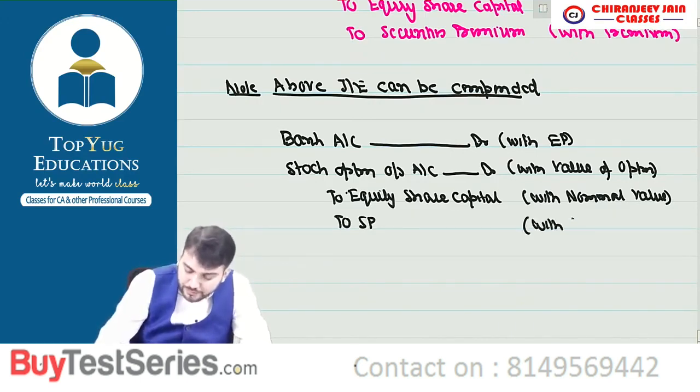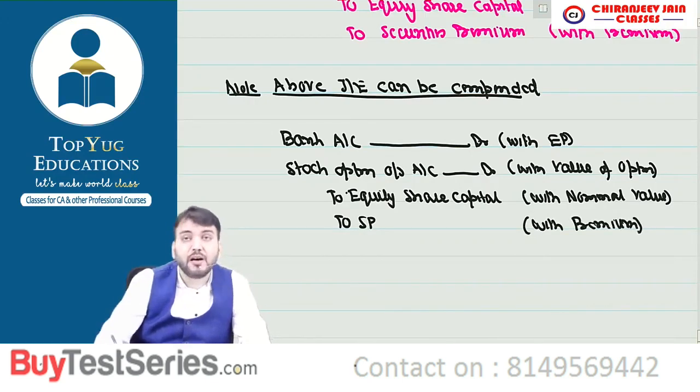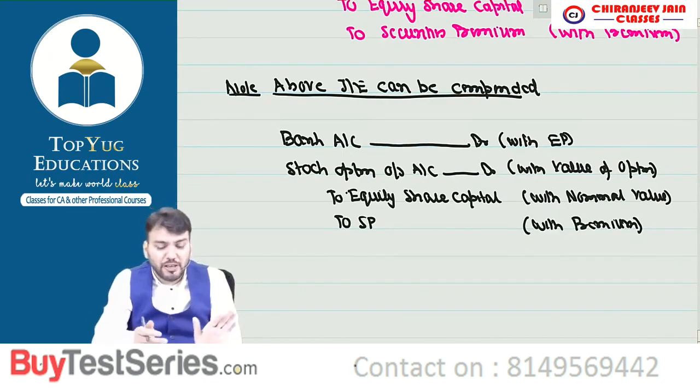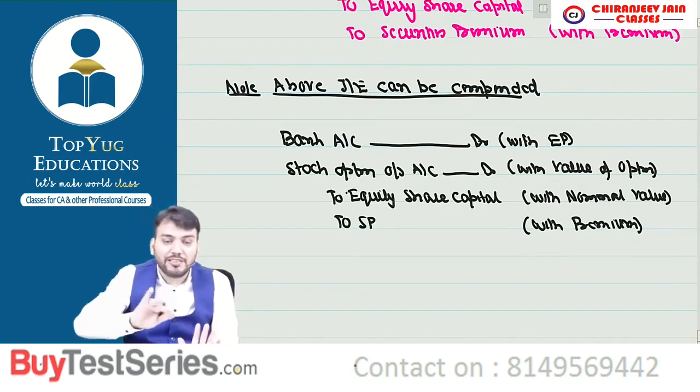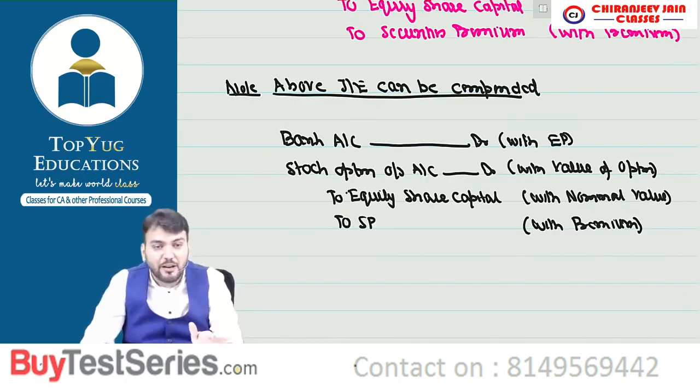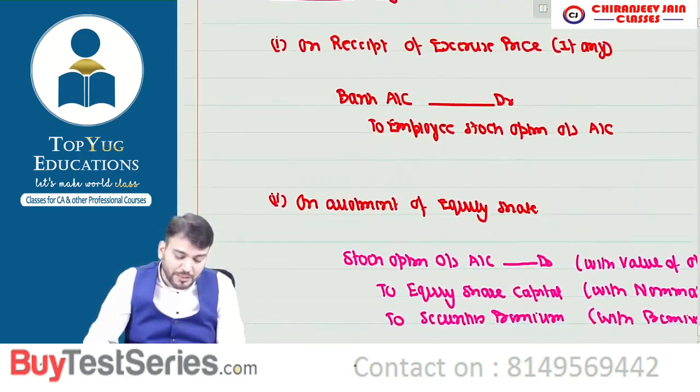Simple. Normally in the ICAI suggested answer, they have given this compound journal entry. We can compound the journal entry on the assumption that exercise date and allotment date are the same.